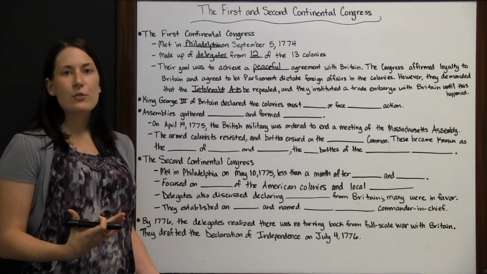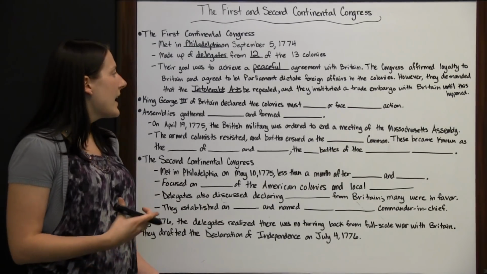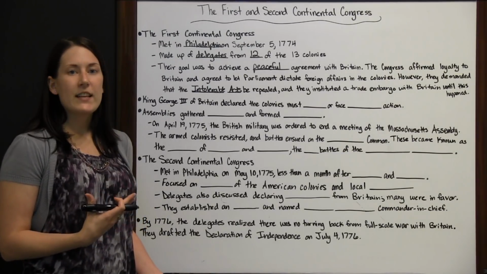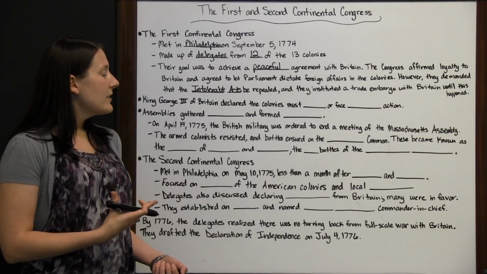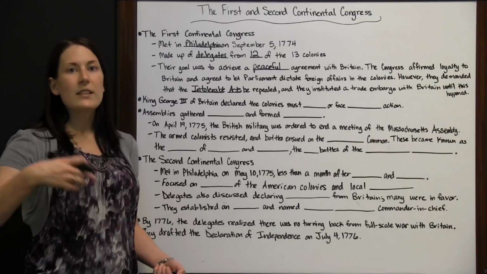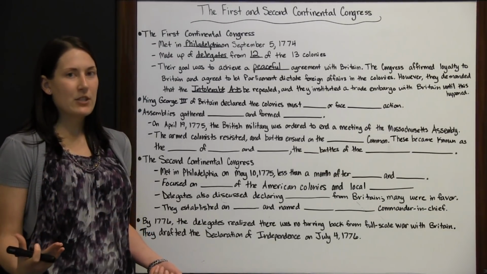They were forced to quarter British soldiers in their homes, whether they wanted to or not, and this just led to a lot of different things where they felt like their rights were being invaded, and they also didn't have representation back in Britain. There weren't an equal number of colonists over there in Parliament to represent them, so they felt like they shouldn't be paying as much in taxes.